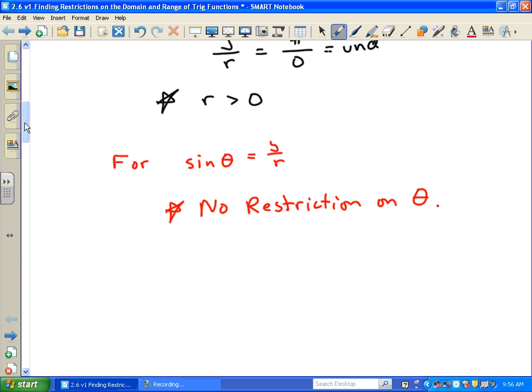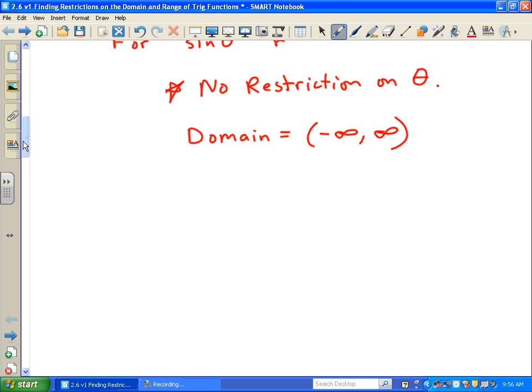In other words, the domain, the values that I could possibly plug in to the sine function, is any real number from negative infinity to positive infinity. Those are angle measures. All right, the next thing that I would like to consider is are there any restrictions on the actual value that I get out for sine?